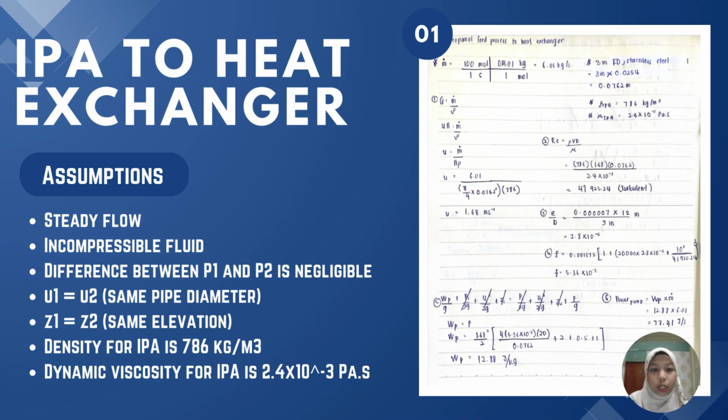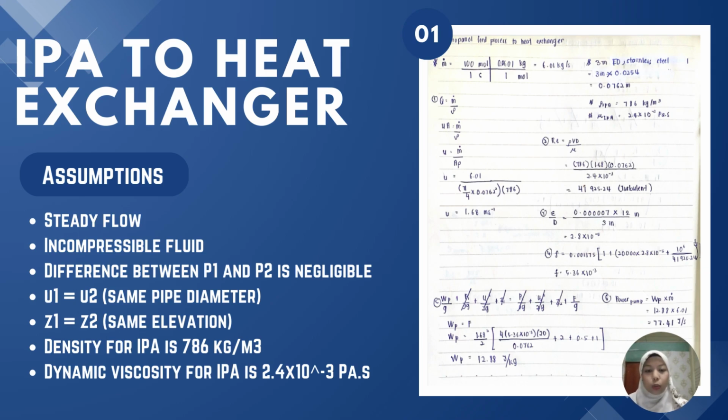Now, when we calculate the Reynolds number, we got the value 41,925.24, which makes our flow turbulent. Then we can find the relative roughness, which is 2.8 times 10 to the power of negative 5. Then we need to find the friction factor. Since it is turbulent, we can use the Moody diagram, but to be accurate, I use the formula, and we got 5.36 times 10 to the power of negative 3.